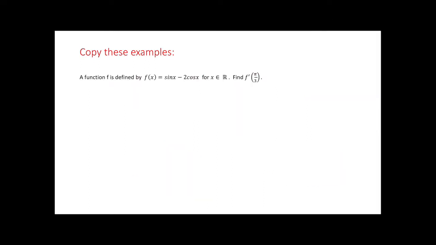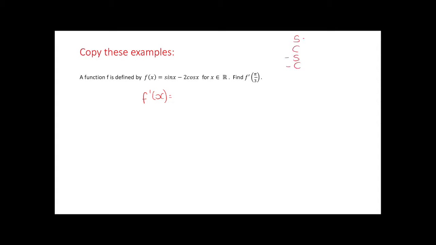Final thing that you could be asked to do is to substitute in values. For this one, it wants us to differentiate it and then find out what happens if we sub in pi over 3. We've got two separate functions, but the same as with a normal function you're used to, you do it in separate parts. So if we find an f dash x, remember Snapchat, these two are negative.